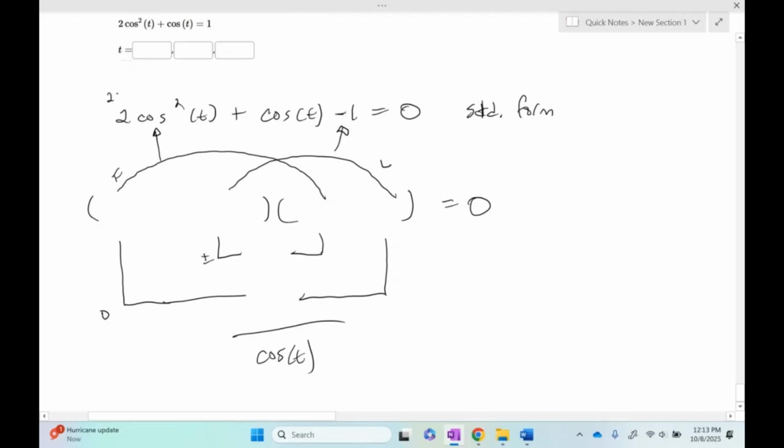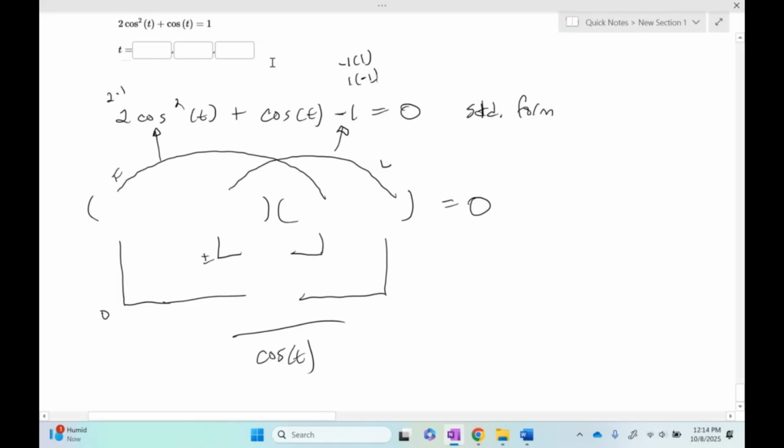The only factors of 2 are just 2 times 1. And I'm going to look at factors of the last term. The only way I can get a negative 1 is either a negative 1 and a positive 1 or a positive 1 and a negative 1. You've got to check all possible combinations, but notice I'm just limiting my numbers.